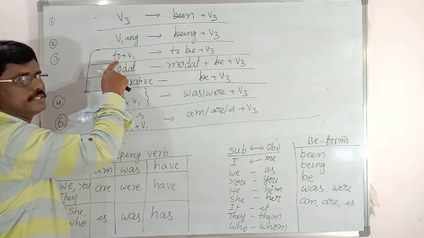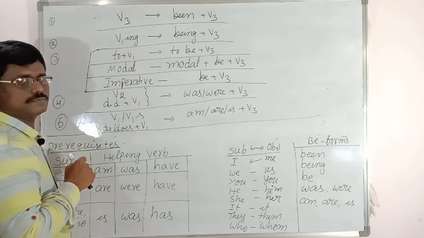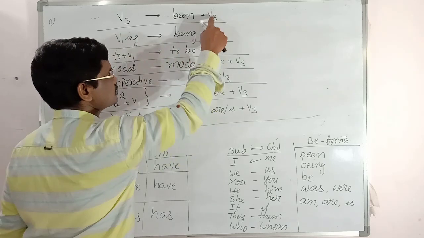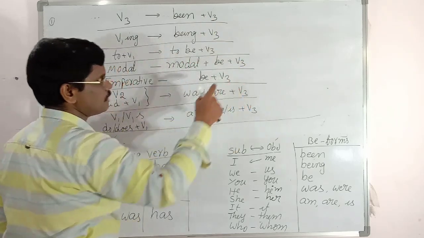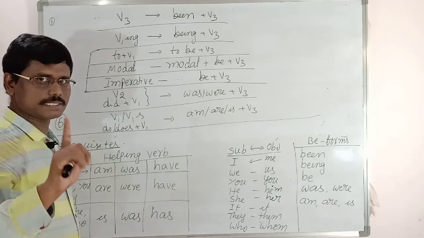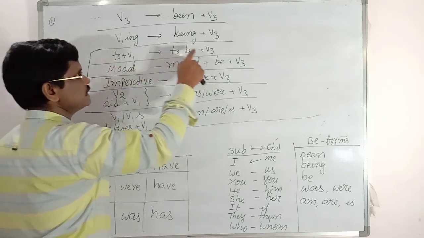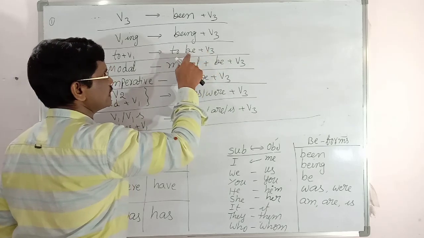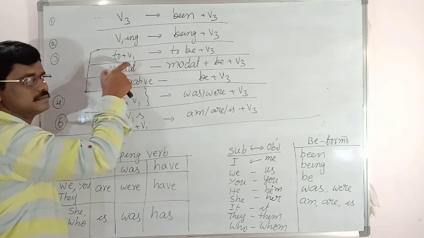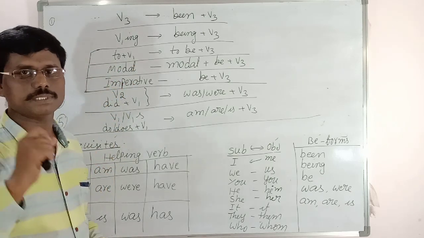Tip number 3. For example, to infinitive, to plus verb 1. Just change this verb 1 into verb 3, because passive voice means all past participle forms, verb 3, no other verb. Verb 1 changes to verb 3. Before verb 3 you write be. For example, any modal is there. Modal auxiliary verb.